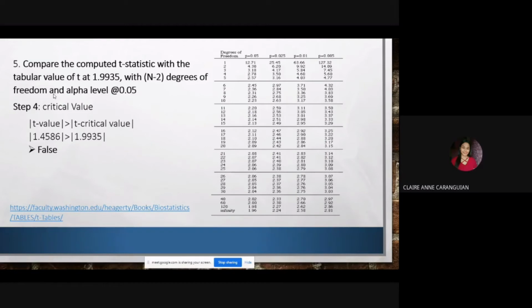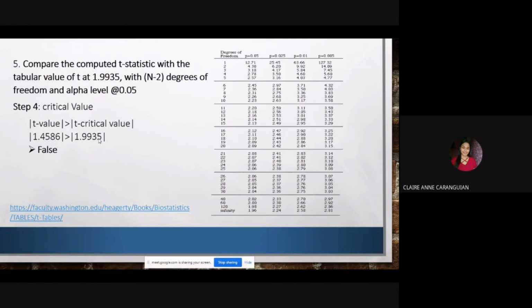So, since the t we computed is 1.4586, is it absolute greater than 1.9935? In here, we compare, right? Is it true or false? Is 1.4586 greater than 1.9935? True or false?